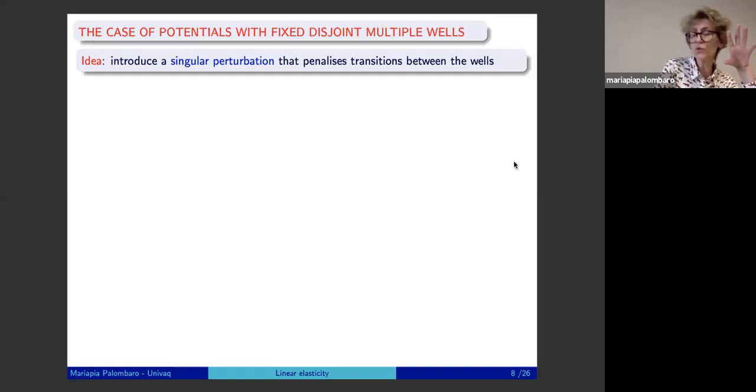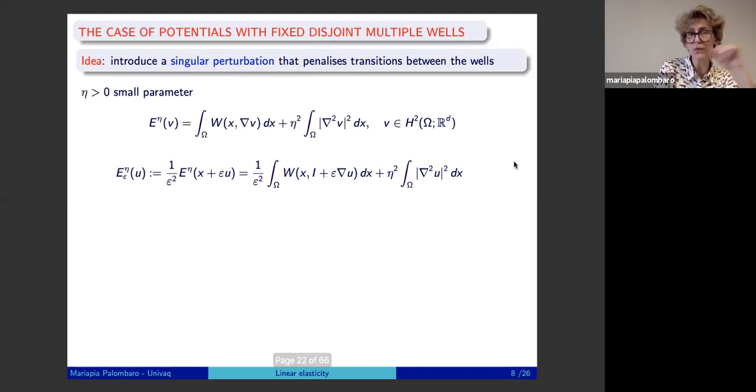So we add to the energy a term that prevents too many oscillations of the gradient. So this was our energy before rescaling. We add to the energy a term that depends on second derivatives. Of course, second derivatives will prevent too many jumps of the gradient from one well to another. Of course, we don't want this term to appear in the limit, so we multiply it by eta, and we will take the limit eta going to 0.